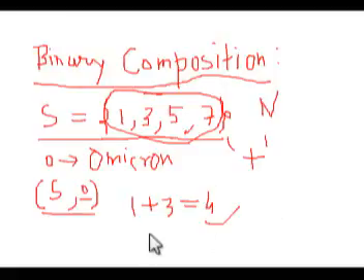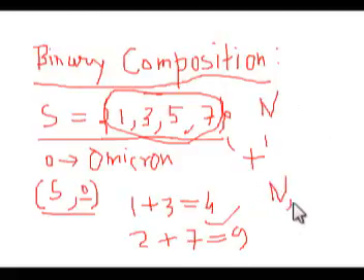If you take any two elements, like 2 plus 7, the result 9 also exists in N. So N with the binary operation addition forms a binary composition.